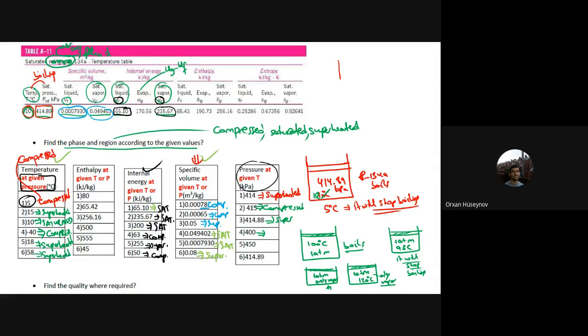Fourth one, the pressure is 400 kilopascals. For this one, it is superheated again, because if you decrease the pressure, the fluid molecules are free to move. If they are free to move, they should change to the more energetic side of the chart.